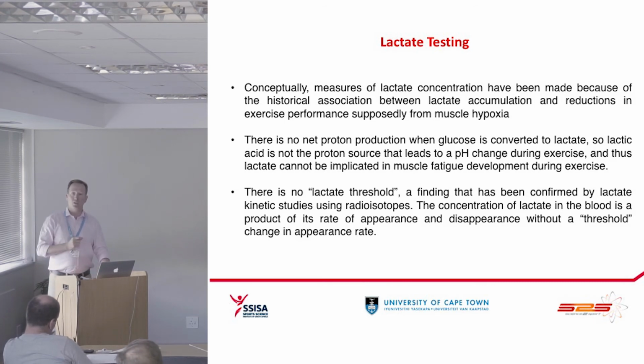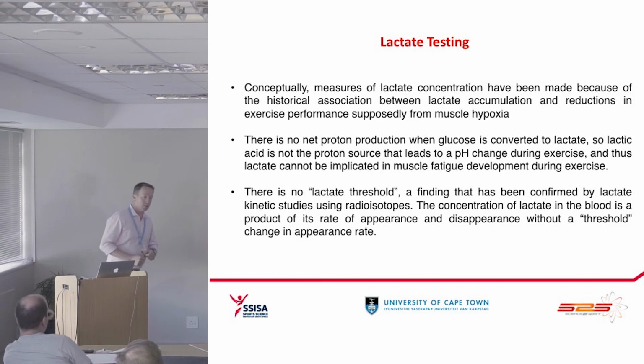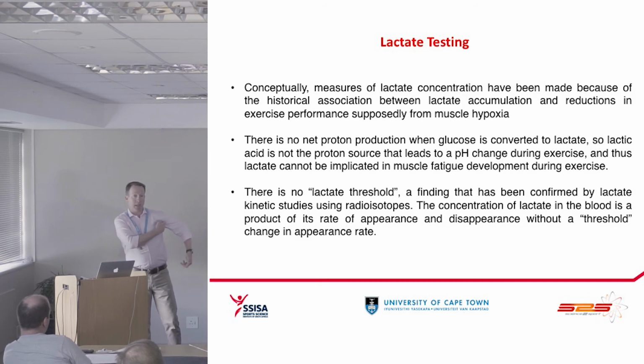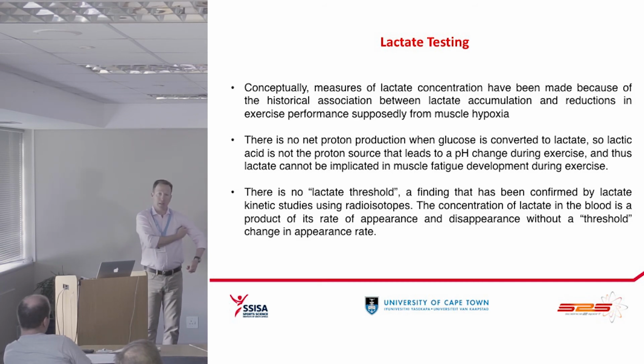So the Scandinavians showed this very nicely. They took cross-country skiers. And cross-country skiing you can do in two ways. You can do it using just your leg action, or you can have poles and use the poles. Okay. And they stuck a catheter into the femoral artery, and a catheter into the femoral vein, and a catheter into the subclavian artery, and a catheter into the subclavian vein.